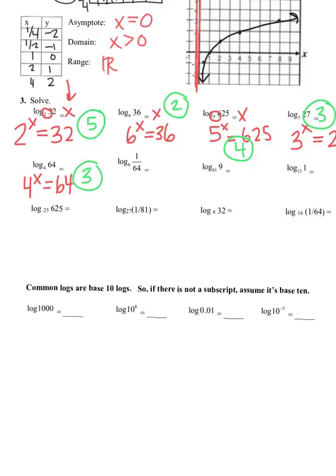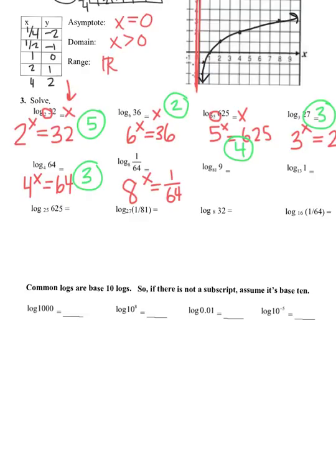And then 8 to the x equals 1 over 64. In this case, there's a denominator. 64 is in the denominator. That means I must have a negative exponent right here in order to put the 64 on the bottom, 1 over it. So x has to actually be negative 2.